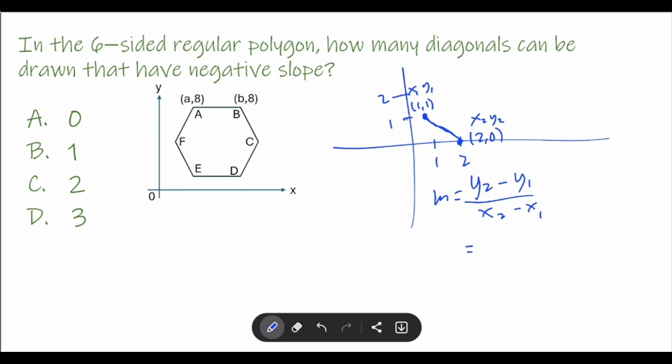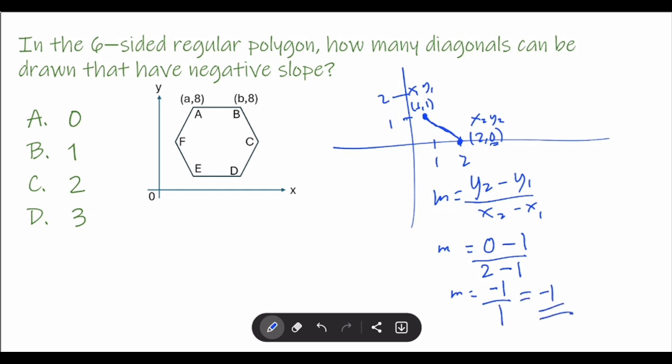So y2 here is 0, and y1 is 1. The x2 is 2, minus the x1, which is 1. So the slope is equal to 0 minus 1 is negative 1, over 2 minus 1 is 1, which is equal to negative 1.